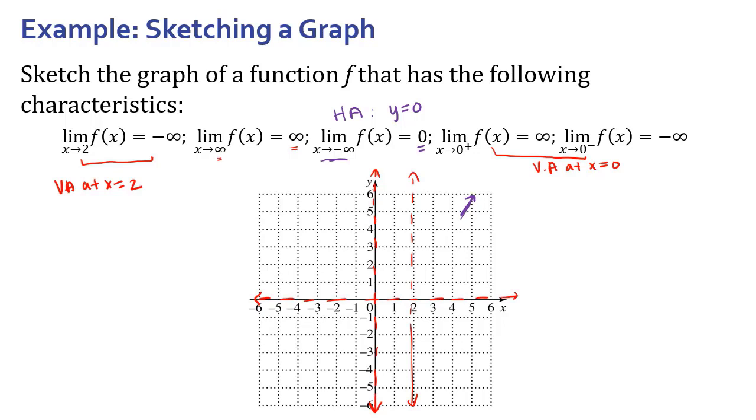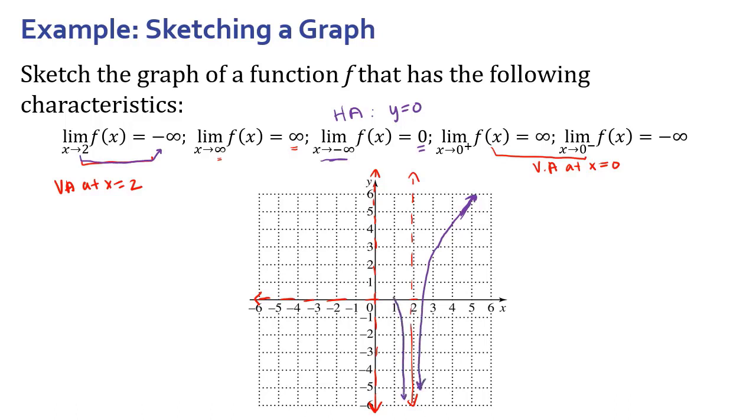All right, so now I've got all my pieces. So let's do this piece over here. I know it's going to end up going up, and then let's see what happens here. This horizontal asymptote only was for x values that were approaching negative infinity, so we're not going to worry about this side. At x equals 2, it's approaching negative infinity from both the left and the right-hand side.